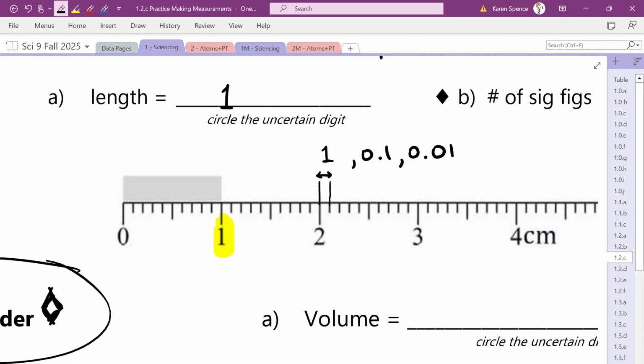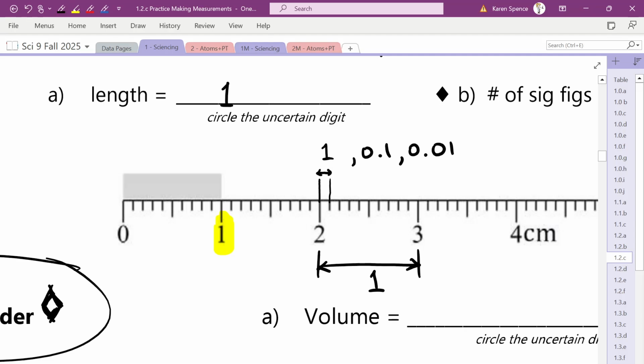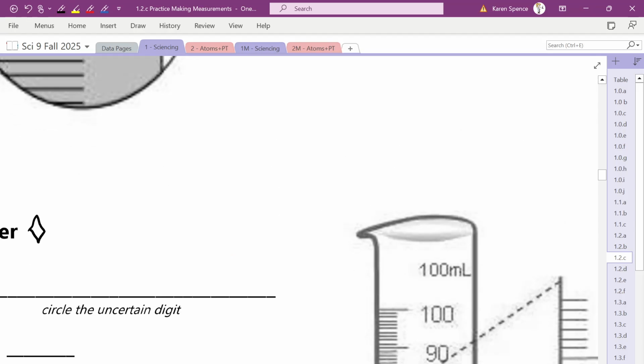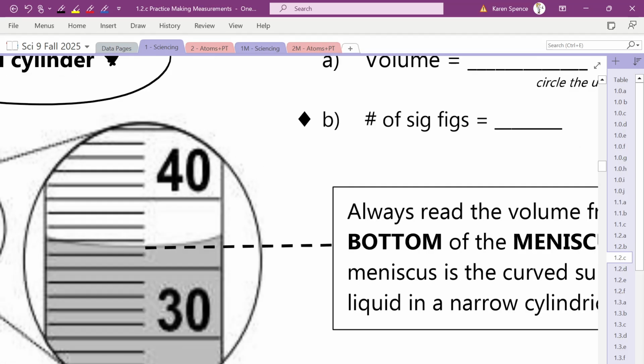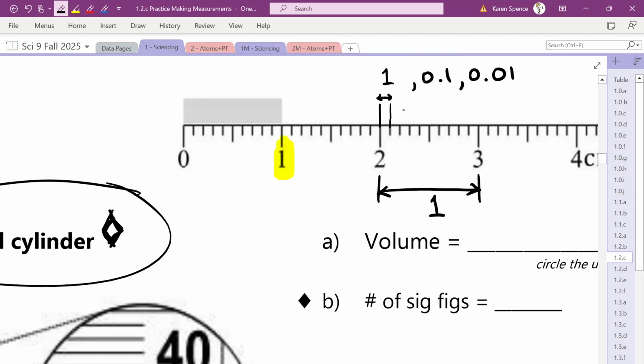Is that distance 1? No, because this distance here from 2 to 3, that distance is 1. That's not our smallest little line, though. Our smallest little line isn't 1, it isn't 0.01, it is 0.1.